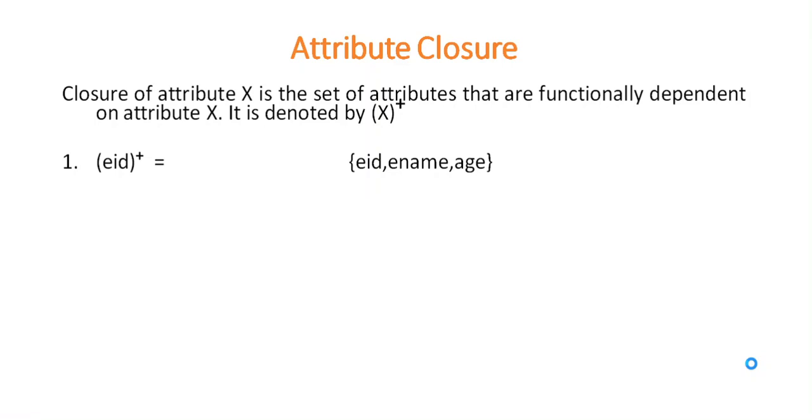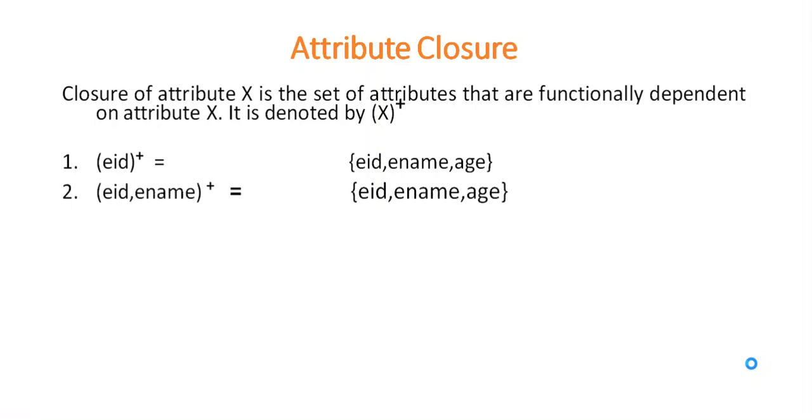Then employee ID determines employee name, so that is another attribute which is dependent on employee ID. And we have another functional dependency, employee ID determines age, so age is also dependent on employee ID. So this set, employee ID, employee name and age, these three attributes are dependent on employee ID, so that is the closure set of employee ID attribute.